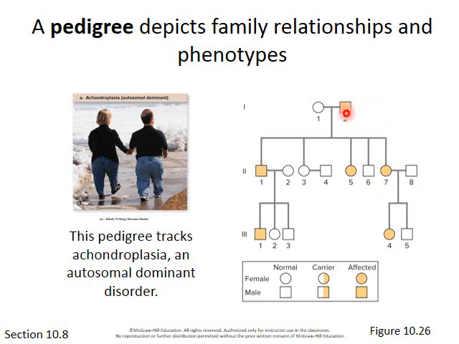The coloring in of the shape means that the trait that this pedigree is showing is present. So when a shape is filled in, it means that that trait is present. If it's not filled in, then that means it is not present.